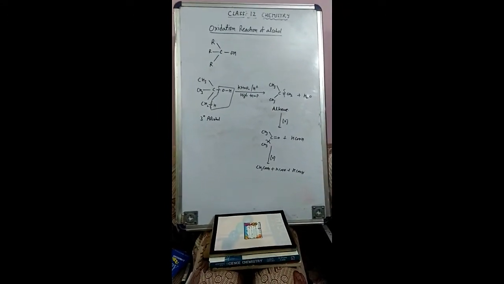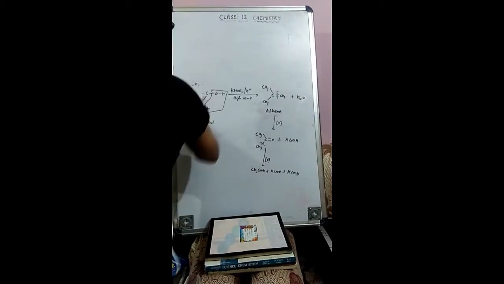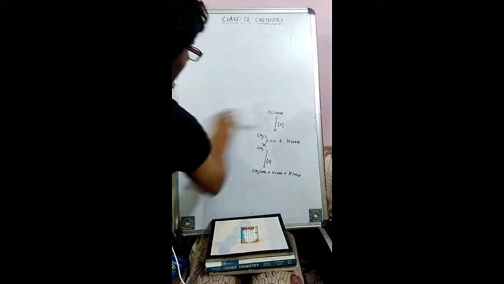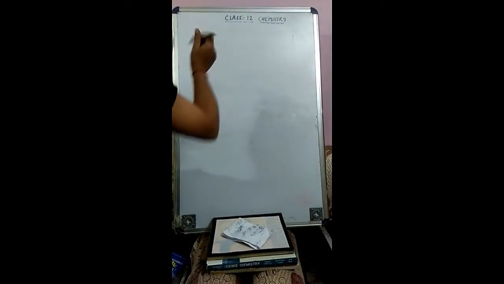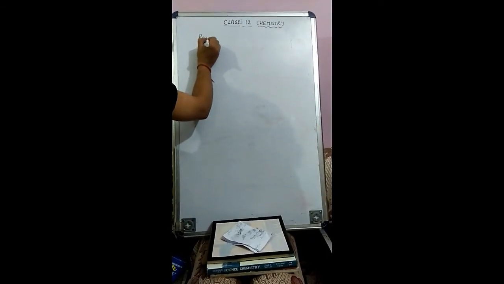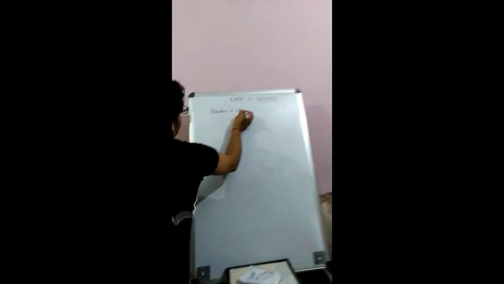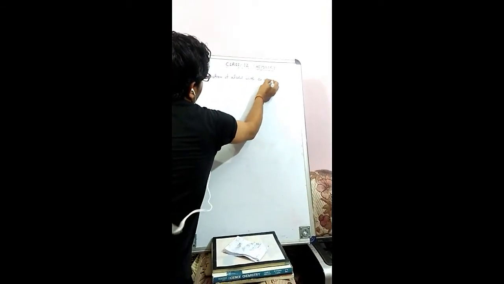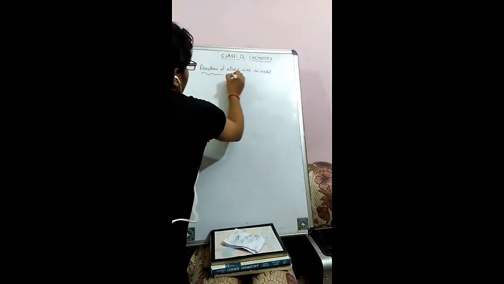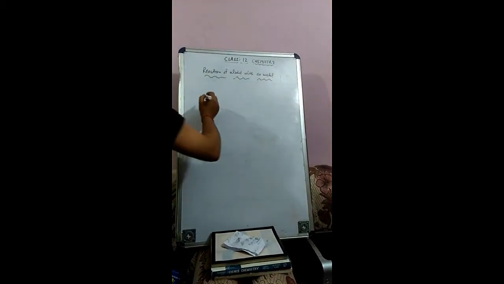Now the next part is the reaction of alcohol with copper metal. This is also like an oxidation reaction. If I discuss it here, the same primary alcohol is there.